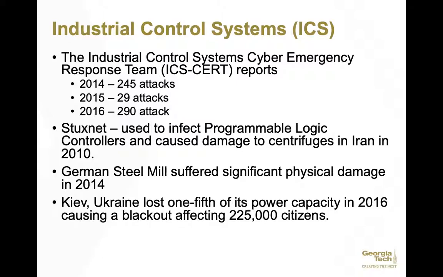There's a German steel mill which suffered physical damage in 2014 when their furnaces continued to run, caused by a bug in their system from a cyber attack. And then maybe most notably in Ukraine, the city of Kiev, which is the capital, lost one fifth of its power capacity in 2016. This is rumored to be from a cyber attack as well, and the blackout ended up affecting 225,000 citizens.